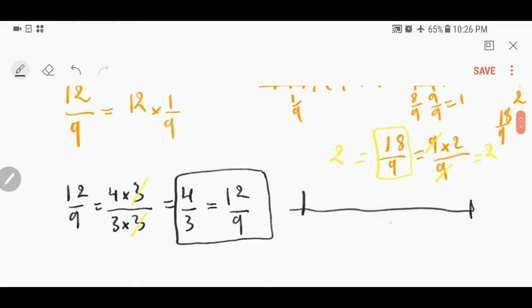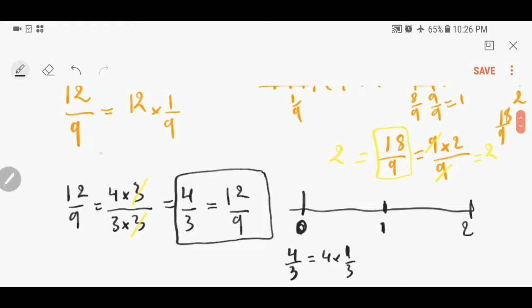So then if this is 0, this is 1, this is 2. 4/3 is equal to 4 times 1/3. So what is 1/3? 1/3 is when you cut from 0 to 1, always from 0 to 1. That's the one you want, you cut it because it's ones.